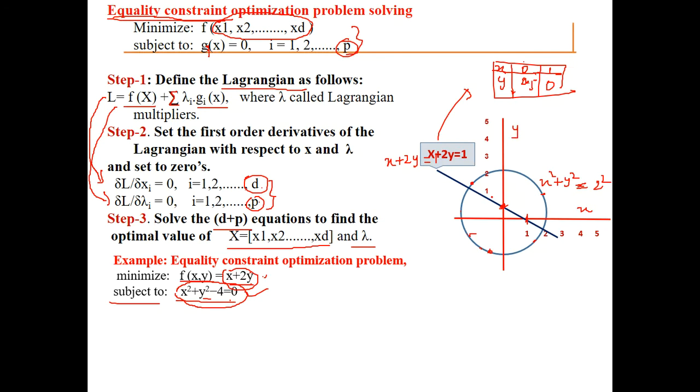Now currently this line is cutting the circle here and here. Now if you drag this line up parallelly, what will happen? The value will increase. In place of 1, it may be 2, 3, like that. But we need to minimize. It means you have to drag it down parallelly, in such a way that it gets the minimum value.